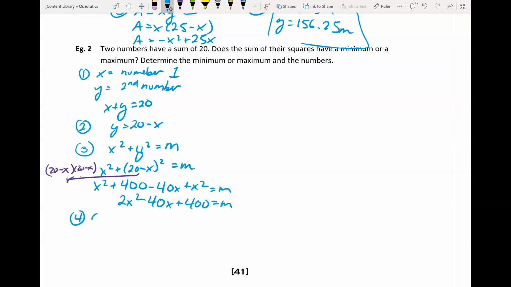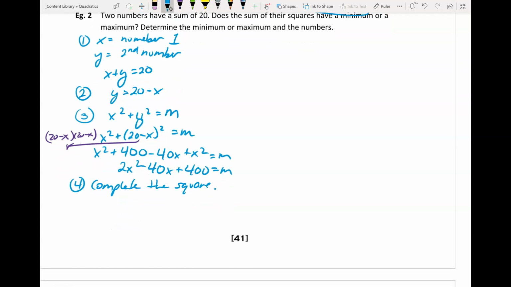My next step is to complete the square. So I'm going to factor out the 2 because we can't have a coefficient next to the x squared, which means this 40 becomes a 20. And I don't care about this 400, I'm going to leave this on the outside and not factor it at all.